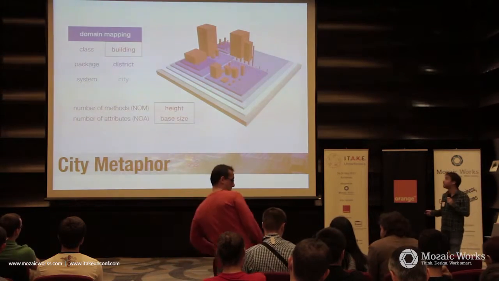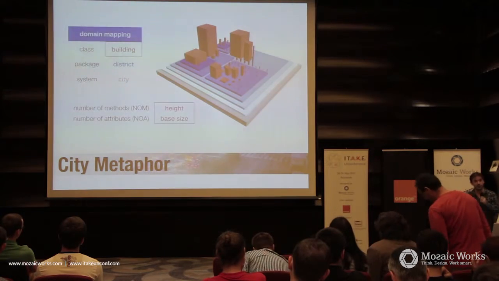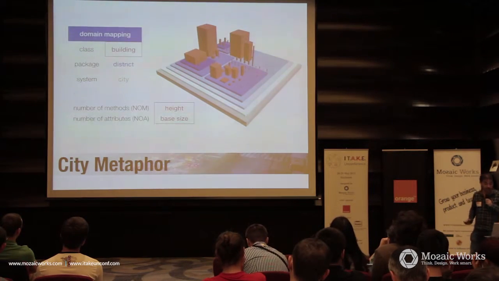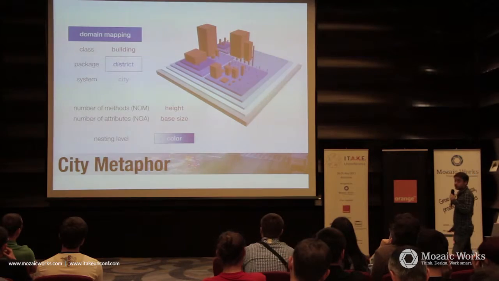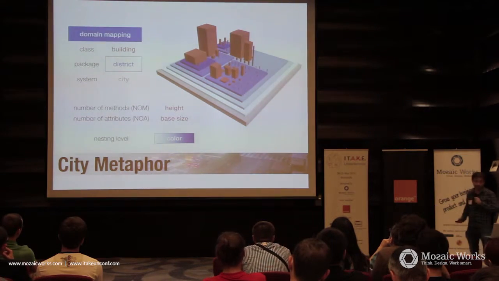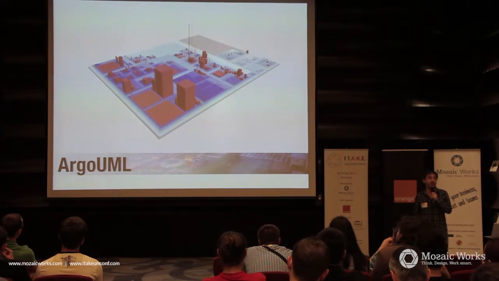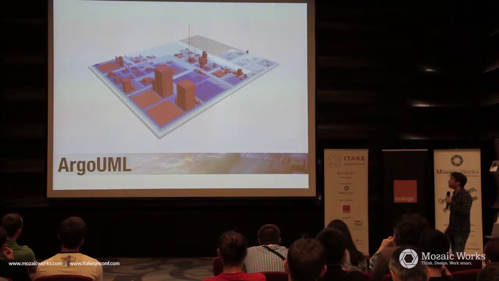So you can see that indeed, and they are not in the same package. And the other thing that you have is some nesting level mapped to colors in these districts. So this, for example, that I showed you before, is ArgoUML.